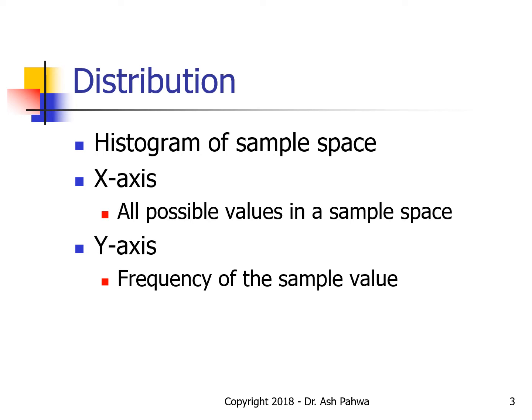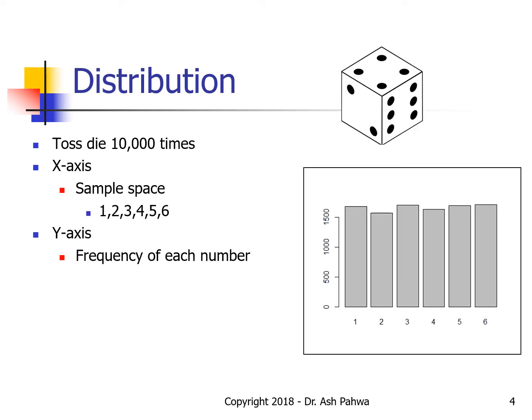So on the x-axis, we plot all the possible values of our sample, and on the y-axis, we plot the frequency of our events. Therefore, the graph we draw is called a distribution, and we are going to see a lot of examples of this as we progress.